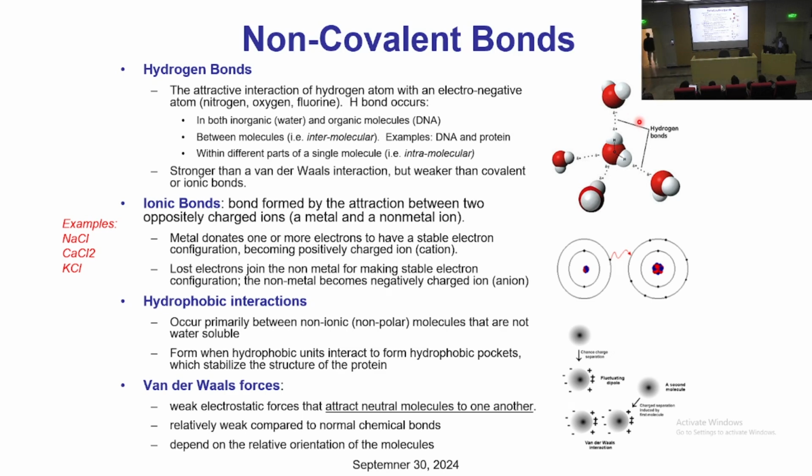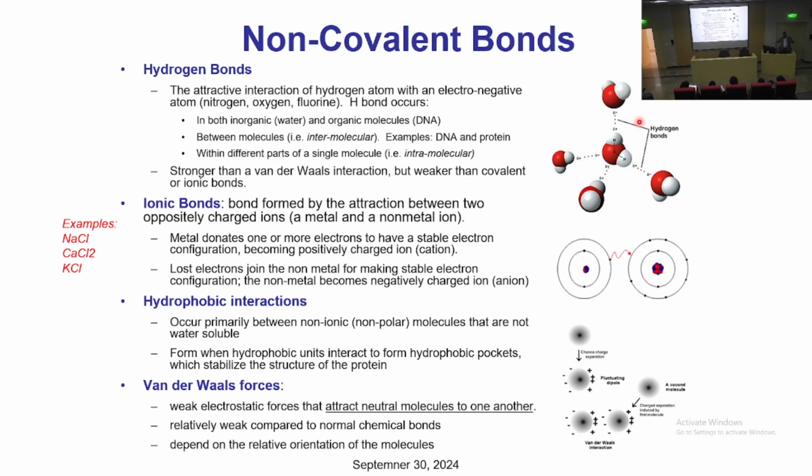And this atom that donates the electron becomes, of course, positively charged, and we call it cation. So cations are atoms that give away electrons and become positively charged. The acceptor, the other atom which accepts this electron, will become negatively charged, and we call it anion.